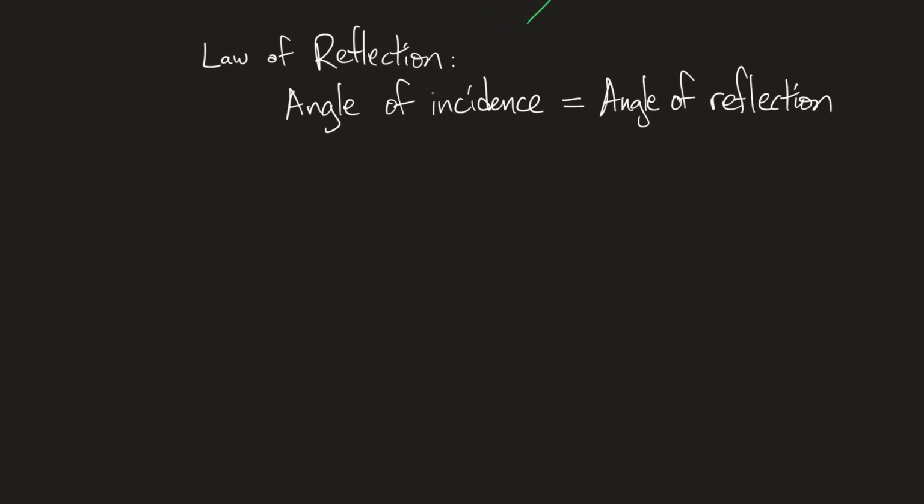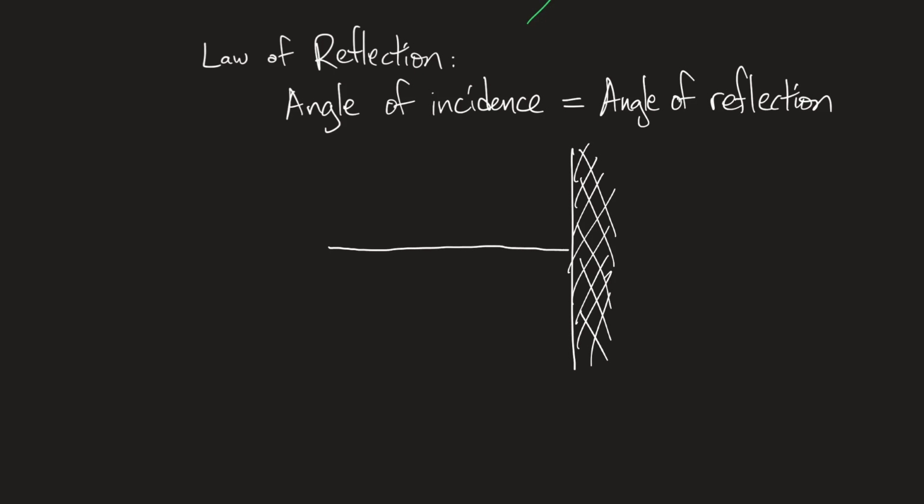So in other words, if you have a plane mirror like this, let me draw it on this side because it works both ways, right? It works anywhere the plane mirror is. If I've got an incident ray that strikes the mirror head on like this, well, the angle of incidence is actually 0.